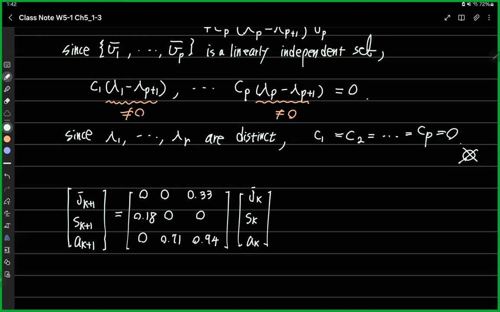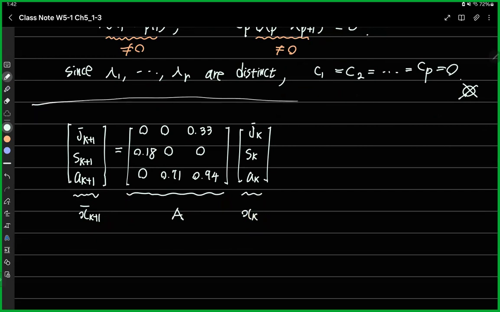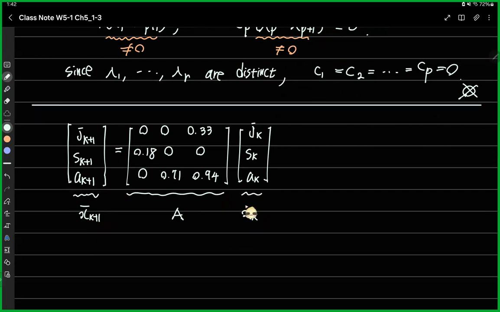Let me simplify this one as this. Let's say this is x sub k plus 1. And then let's say this matrix is A. Let's say this is xk. Okay. Right.